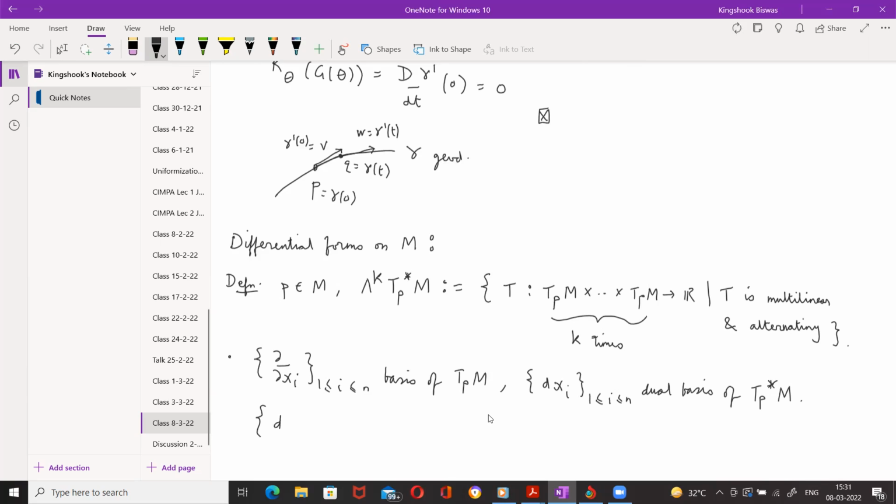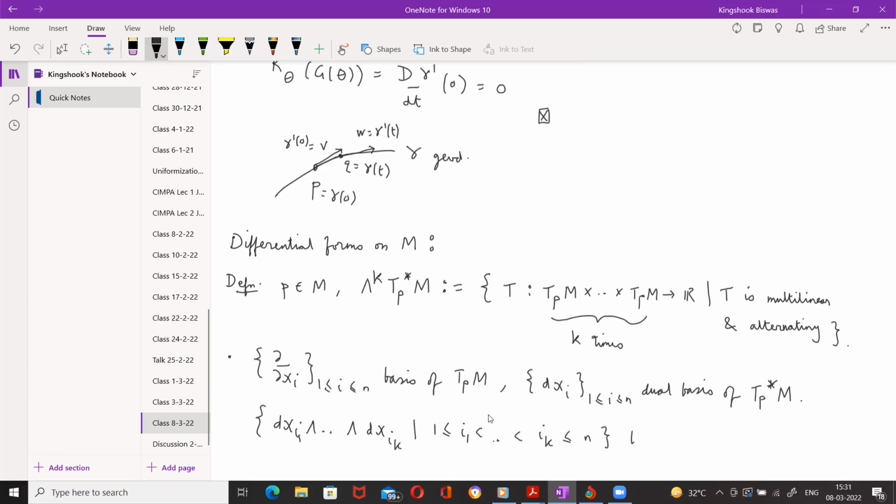It will be the k-fold wedge products dx_{i1} wedge ... wedge dx_{ik}, where 1 is less than or equal to i1 less than ... less than ik, so the indices are in strictly increasing order between 1 and n.